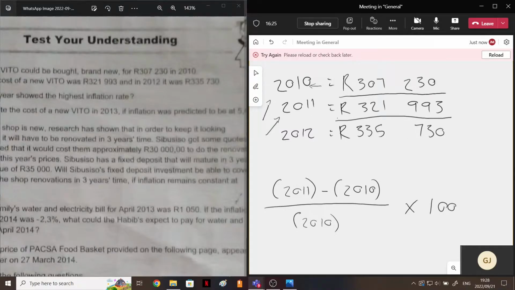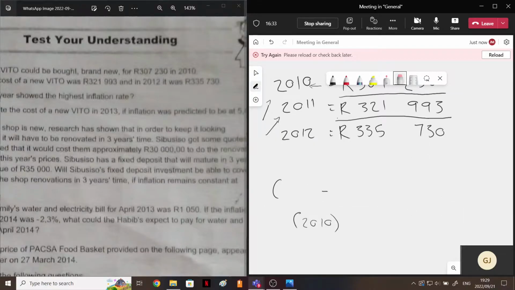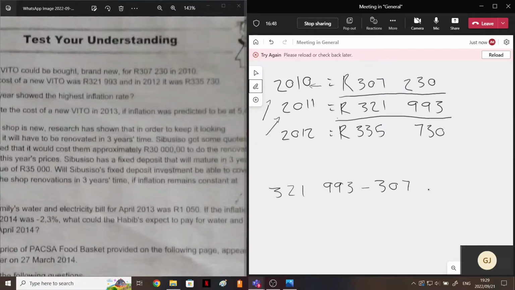In other words, if I now need to write this out in numbers, all that I'm going to do is write down 321,993 minus the 2010 price, which is 307,230.